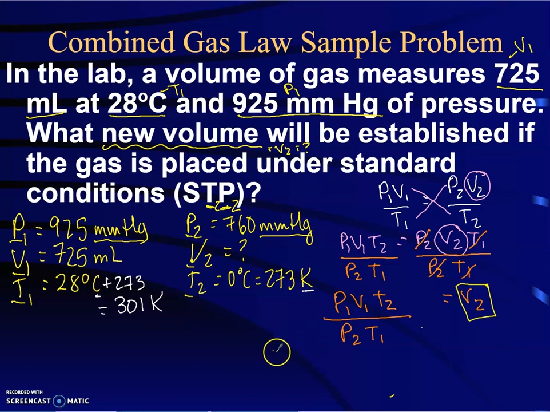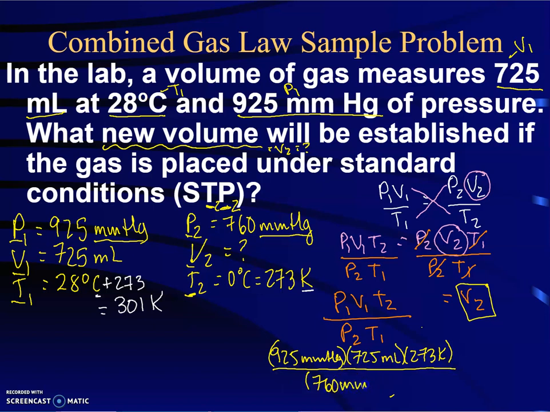So I get P1, 925 mmHg, V1, 725 milliliters, T2, make sure it's T2, 273 Kelvin, divided by P2, which is 760 mmHg, and T1, make sure it's T1, 301 Kelvin.